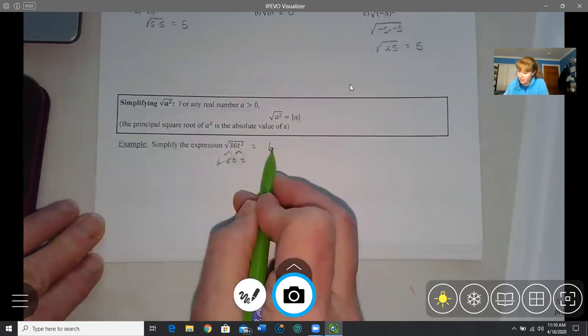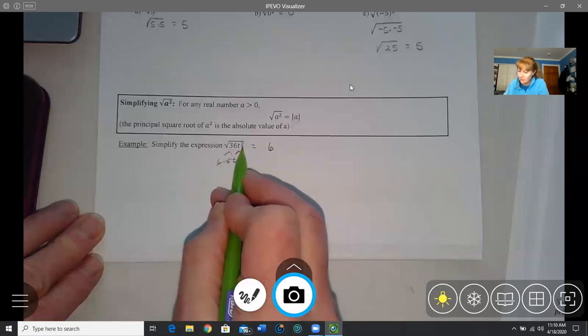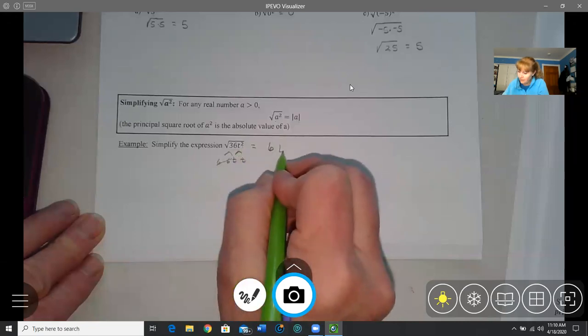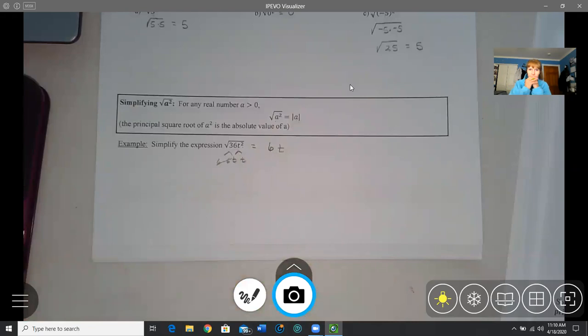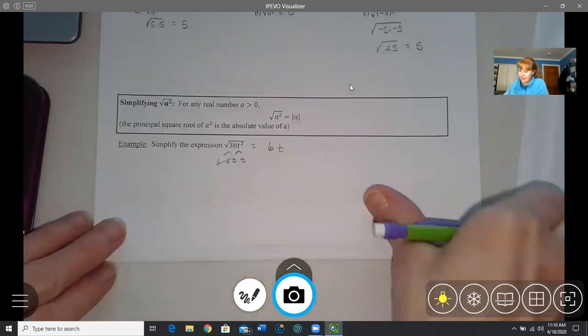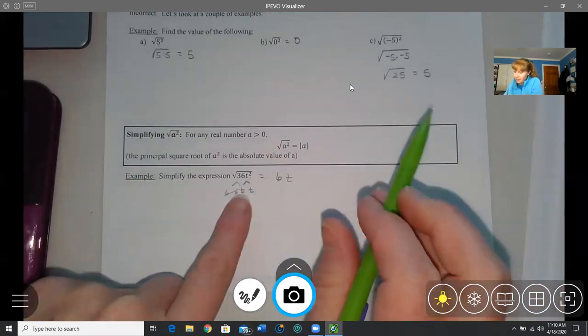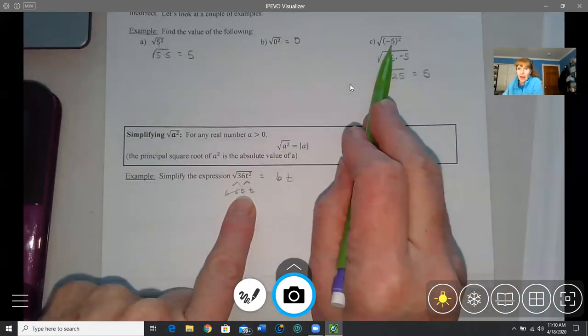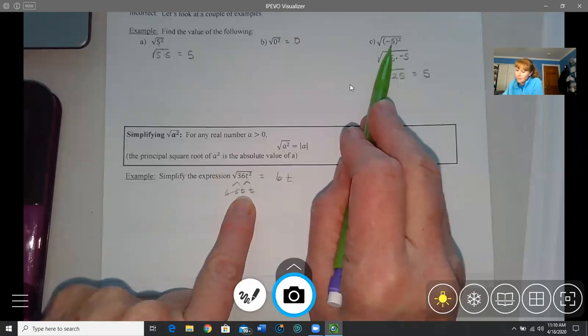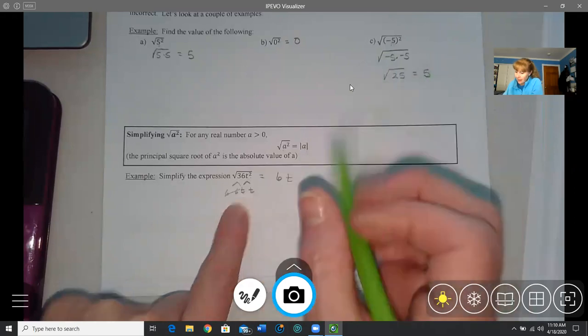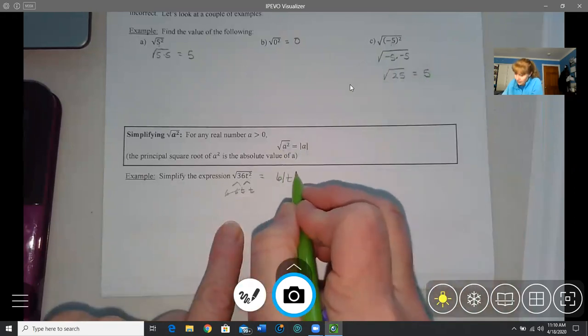So that was 6, and t times t gives you t squared, so it's t. The problem is what happens if the t was a negative 5 and you were squaring it. So that I know that when I find the answer, I have to take the absolute value.